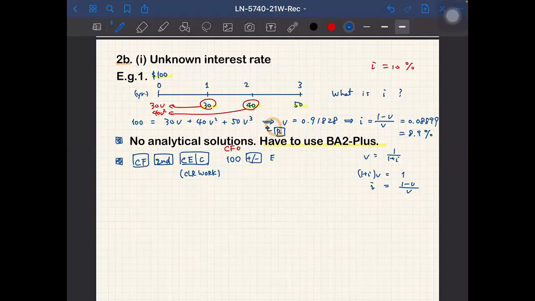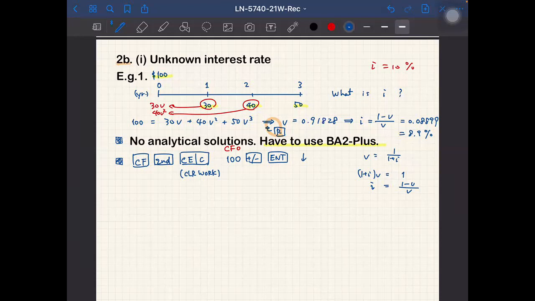Then you type the enter button. Enter is at the top, the second one from the left. Then the down arrow is also a top key, the second one from the right.